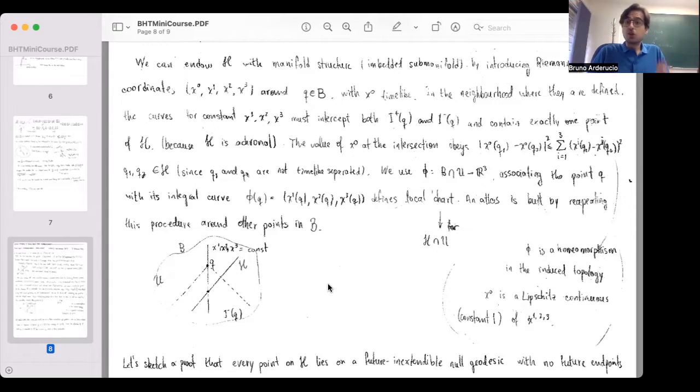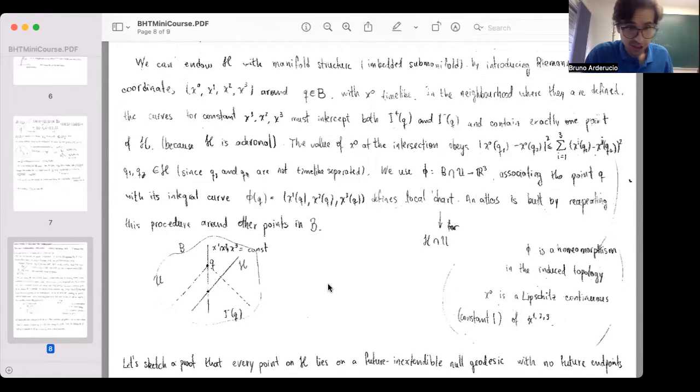It's enough to show that the value of the expansion at any given point cannot be negative, because if it is negative, I take that as an initial point, and I find a pair of conjugate points on the horizon. So we have to show that we can extend the geodesics of the horizon indefinitely.